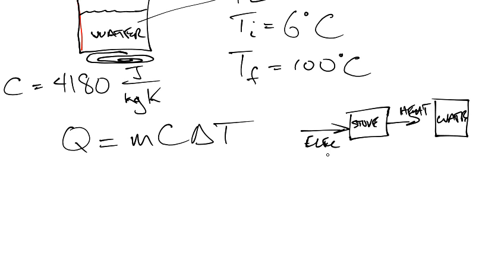This process, going from electricity to heat, we'll assume is 100% efficient. In other words, we will assume that for a given amount of electricity that goes into the oven, that much heat has to be created.